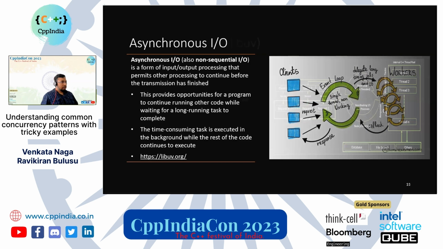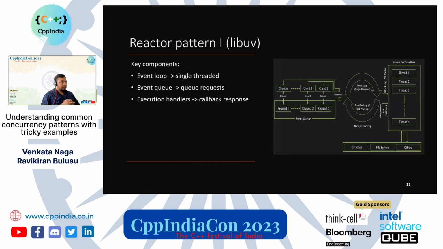So let's see further. As a case study, I took libuv as an example. Libuv is the base for Node.js, and I'll look at how libuv actually achieves the event loop and the reactor pattern in general. So let's suppose you have some clients, and there is an event queue which will collect all those requests and push them to the event loop.